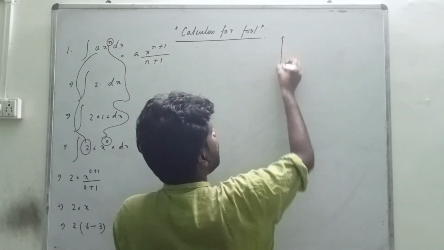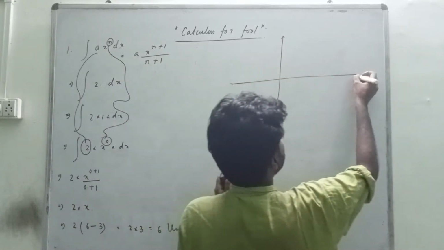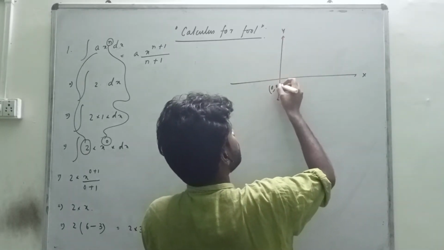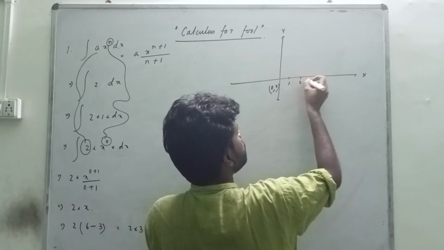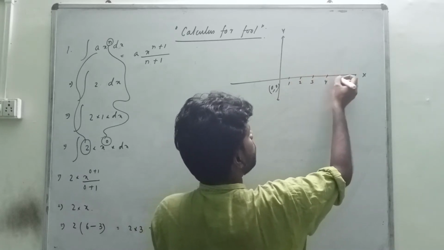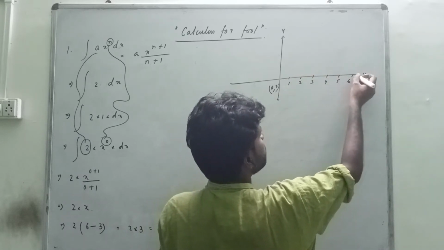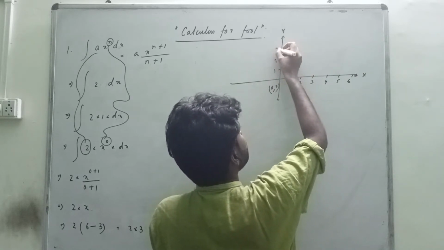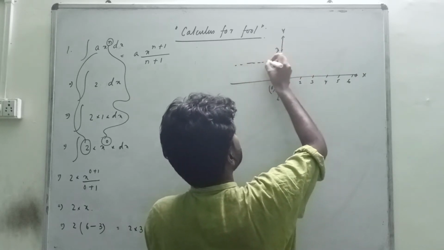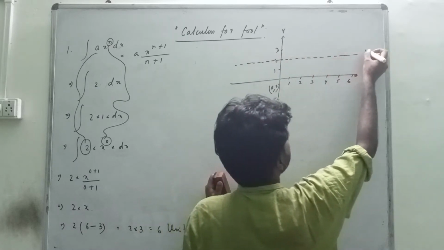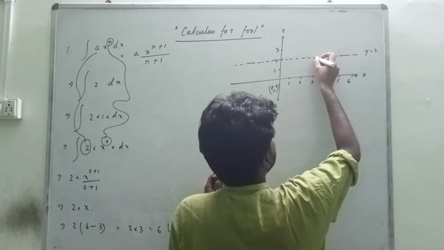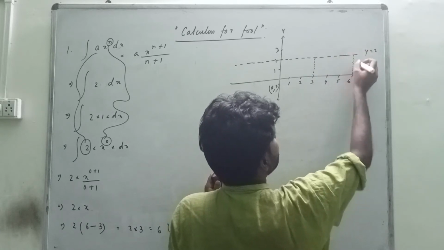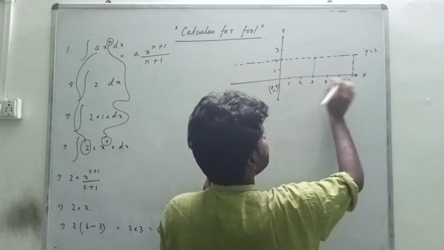If it is a graph with x and y, with 0, 1, 2, 3, 4, 5, 6 on the x axis and 1, 2, 3 on the y axis, and y equals 2 here, then I calculate the area between x equals 3 and 6.